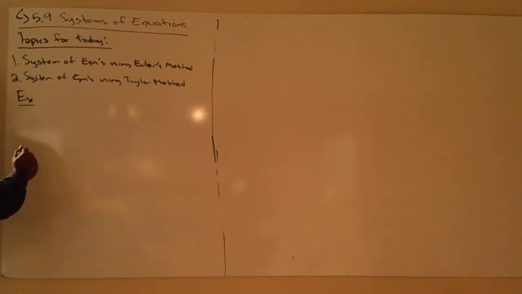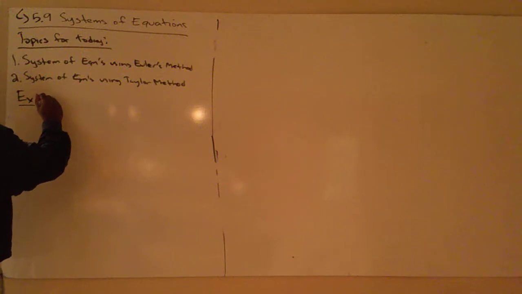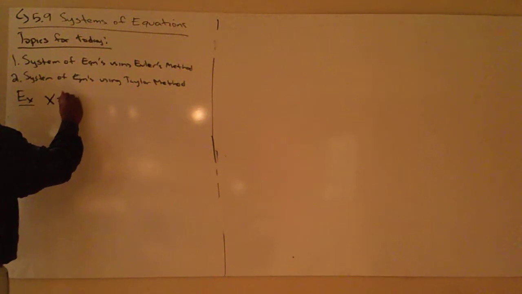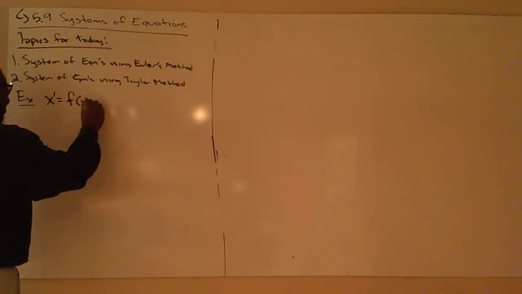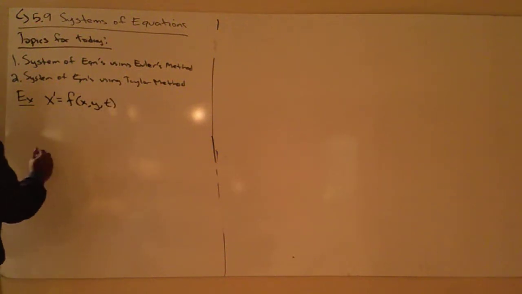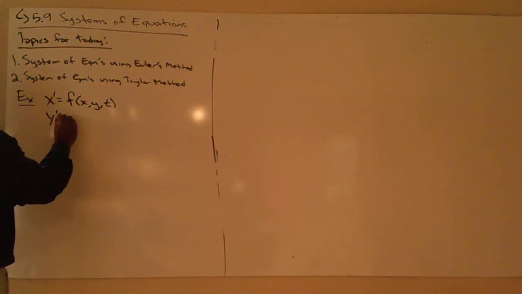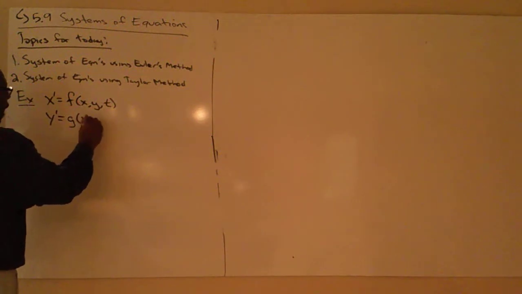Suppose I have a system, just say we have a system of just two equations, which we'll call x prime, which is equal to f of x, y, and t. And then we have y prime, which is equal to g of x, y, and t.